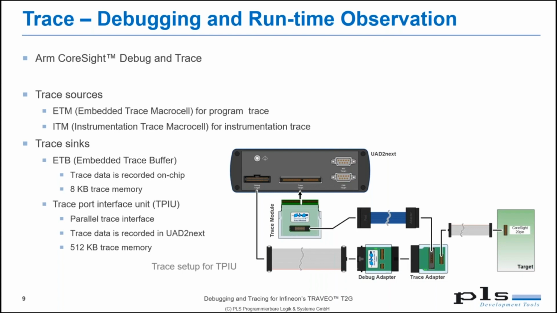But with the trace option, using the trace port interface, you can connect our UAD2Next to trace into this trace memory, which has 512 megabytes. So significantly longer trace recordings are possible.